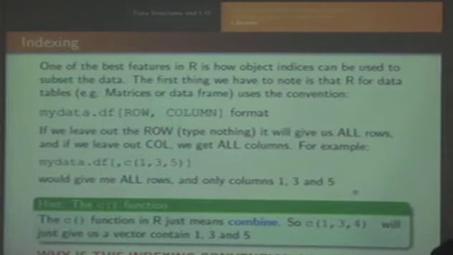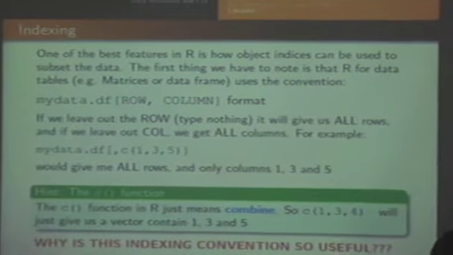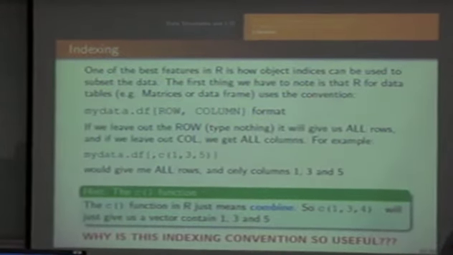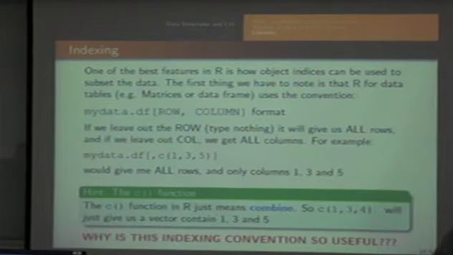Okay, a very, very strong feature of R is how we can access and subset our data sets. It's got a very smart way of actually doing it. One thing I can do, and I'm not going to show you how powerful this is because I would have to go into quite a bit of detail.